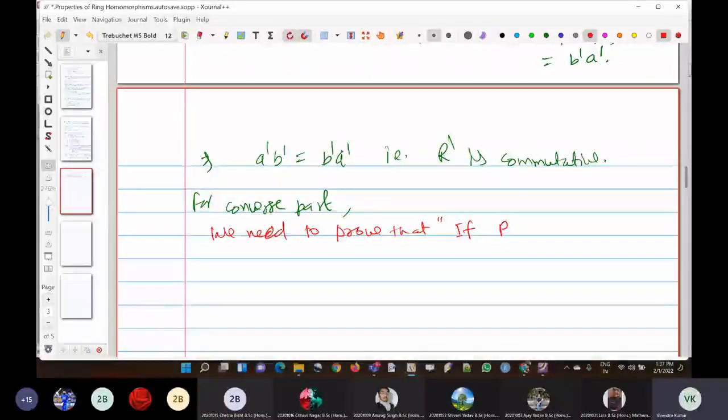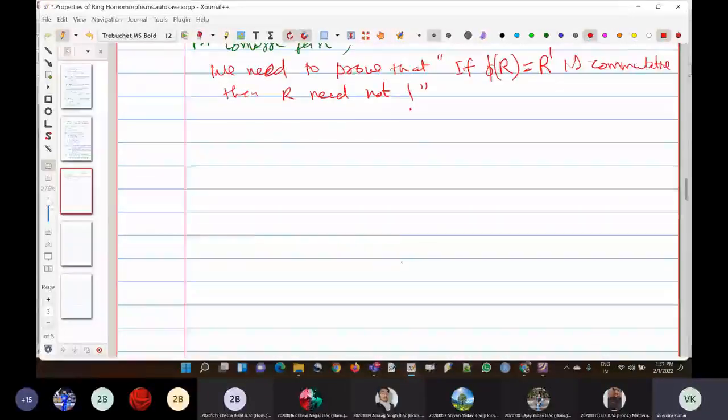If phi of R, because we are talking about the homomorphic image, that is, let us say R dash onto, मान लो, अगर नहीं मानो तो phi of R ही लिखो, ठीक है ना। R dash is commutative, then R need not be. So we need to support this statement by means of an example.